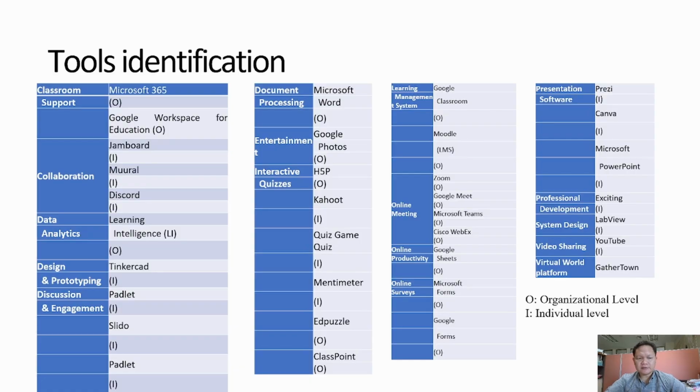Next, this is quite easy. These are the tools that have been mentioned in either the workshop or the interview. We have Microsoft 365, and the O means organizational-level adoption, and the I means individual-level adoption. So you can see that several tools have been adopted at the organizational level, and others at the individual level.